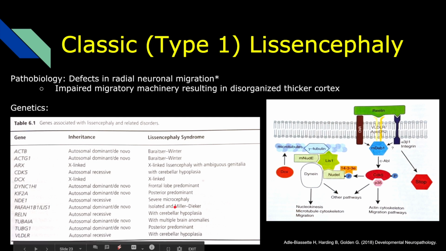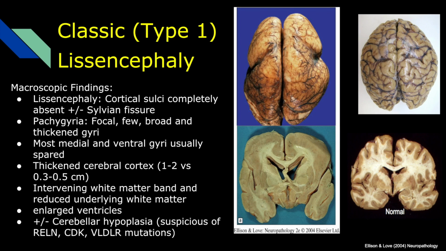And CDK5, which is immediately downstream, also has cerebellar hypoplasia. So although this can be seen as one unit, there do seem to be some intricacies that lead to additional things in addition to Lissencephaly when particular regions of this molecular machinery are impaired.